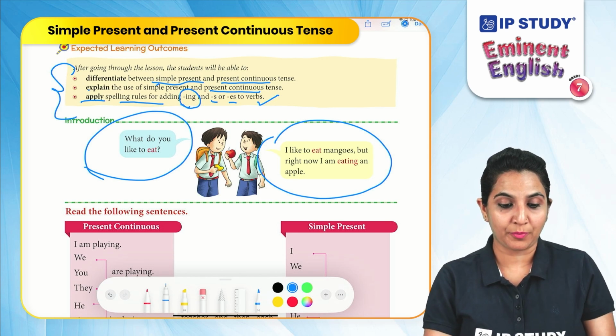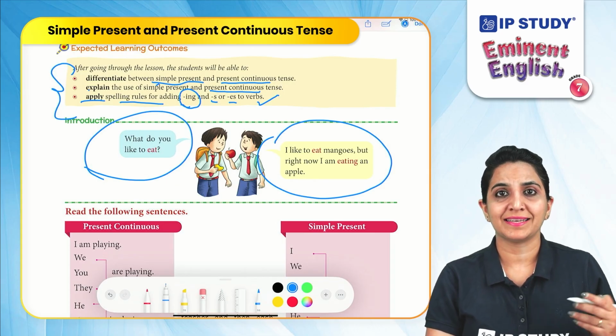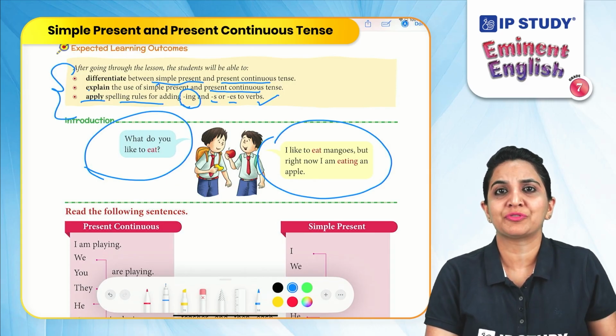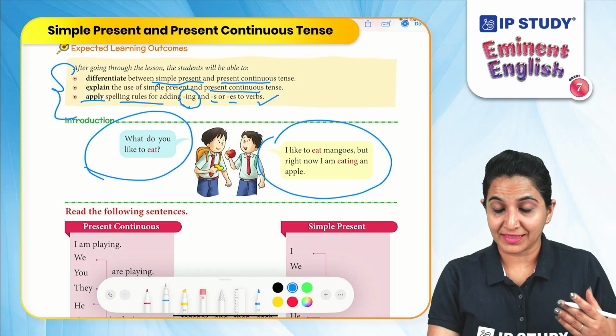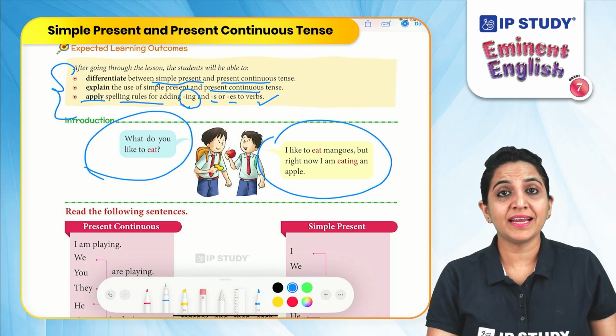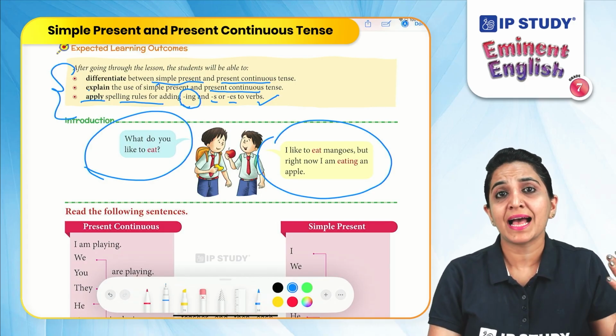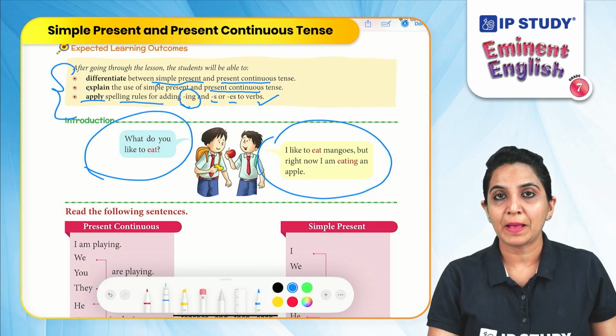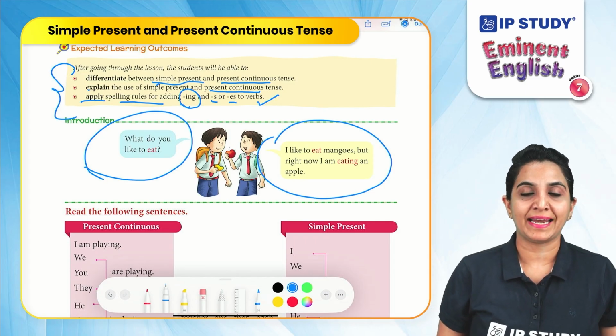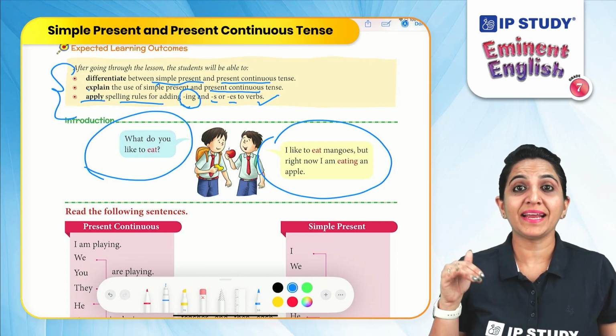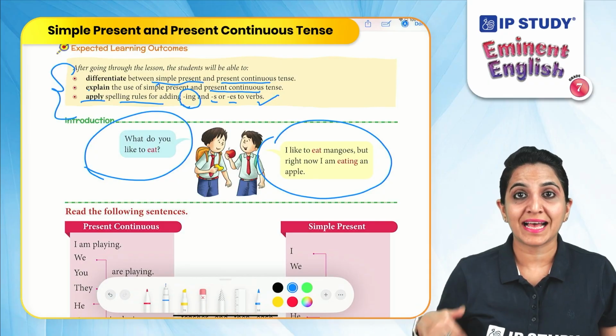For example, the boy is asking, what do you like to eat? It is a part of the habit. What do you generally like to eat? The boy replies, I like to eat mangoes. That means as a habit, I like mangoes more. But right now, I am eating an apple. That means right now, what the action is happening?